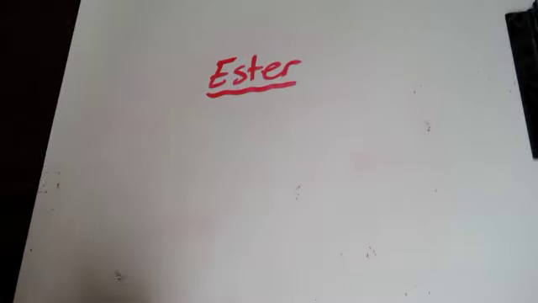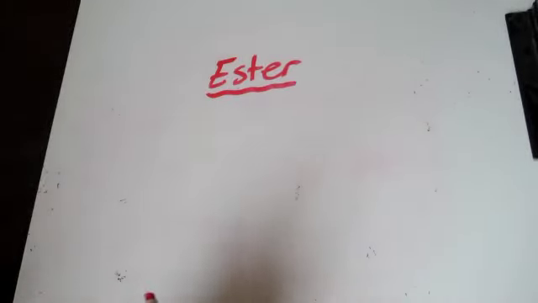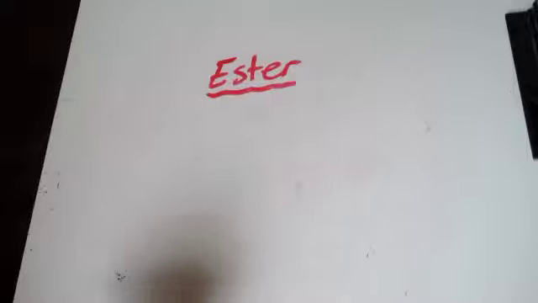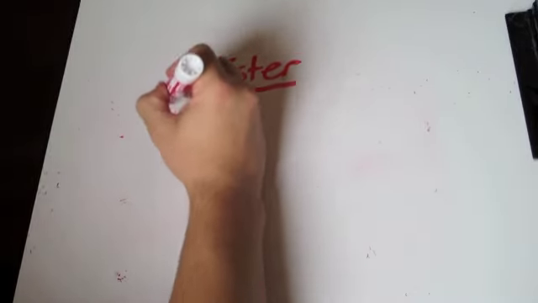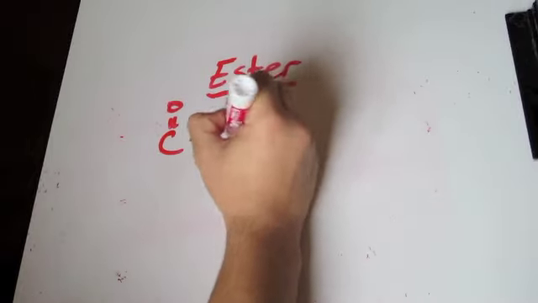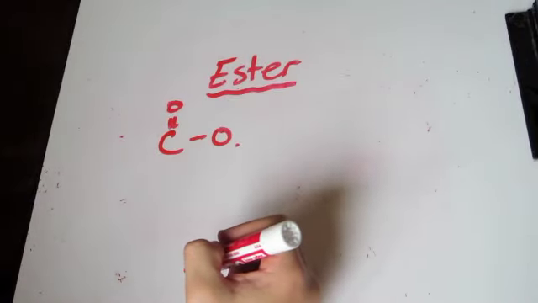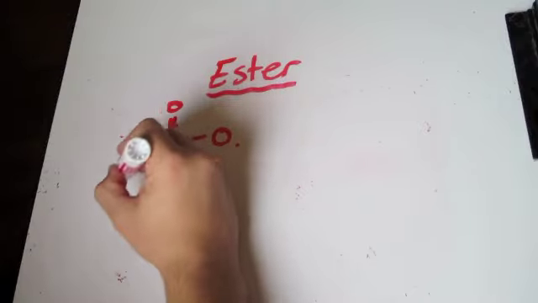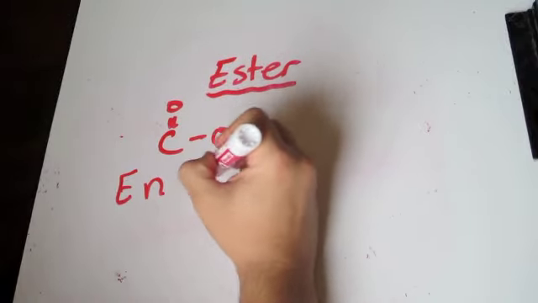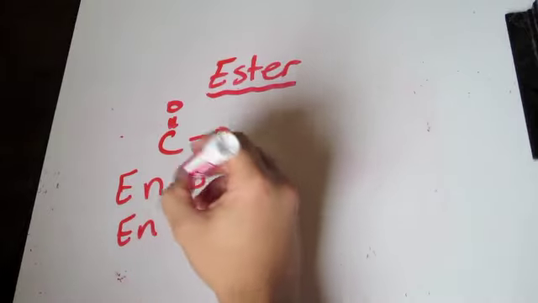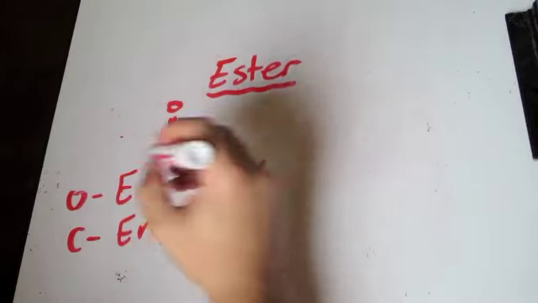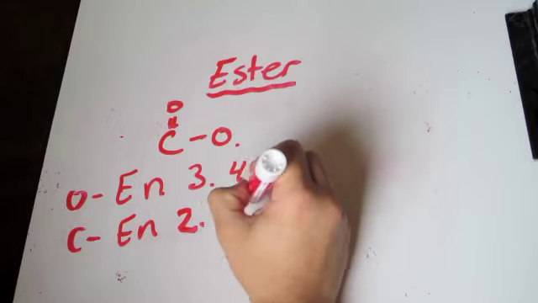I know that an ester is a polar molecule, or somewhat polar. I know this because of the carbonyl group bonded to the oxygen. Oxygen has a higher electronegativity of 3.44. Carbon has an electronegativity of 2.55.